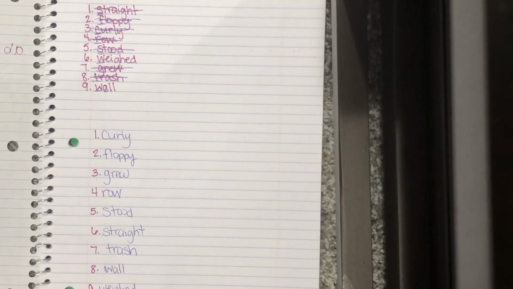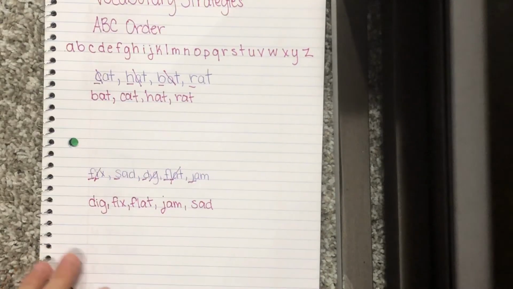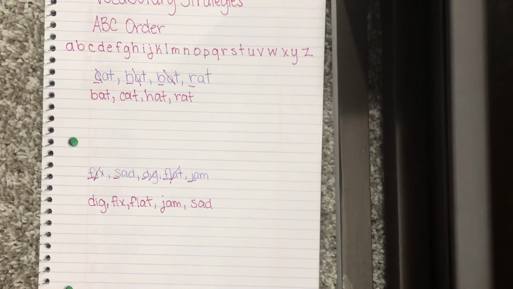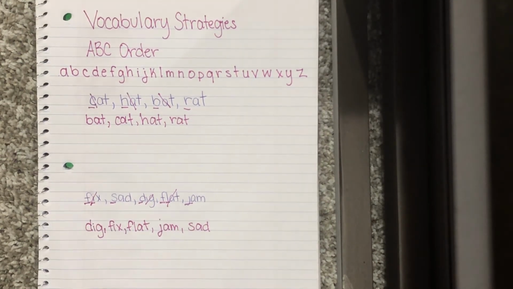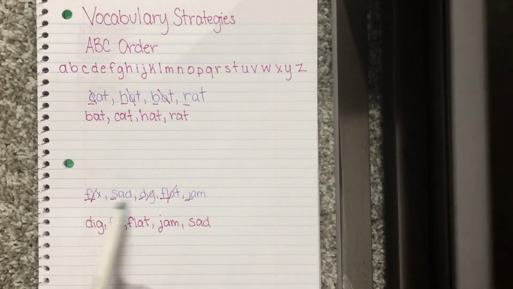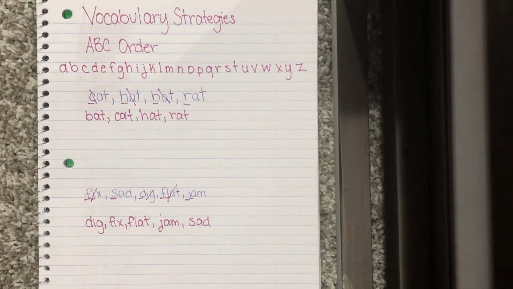So if you are going to write your words in ABC order, you first need to look at the first letter of each word, unless there are some words that have the same first letter. In that case, you're going to look at the second letter, and then you still apply ABC order to the second letter.